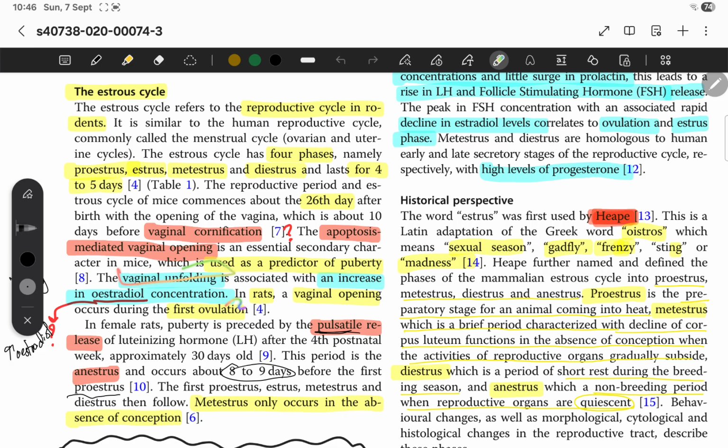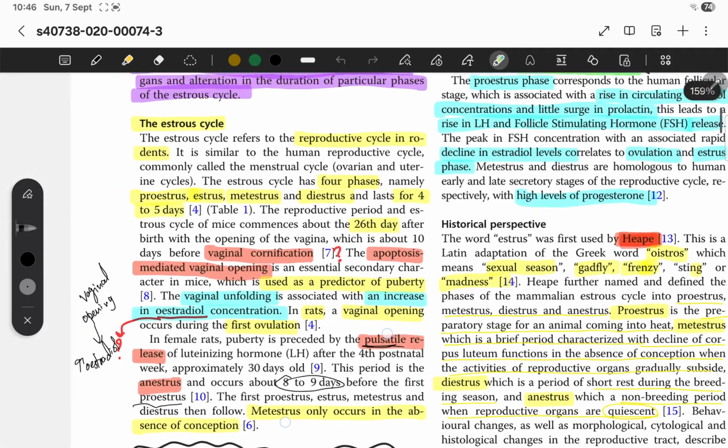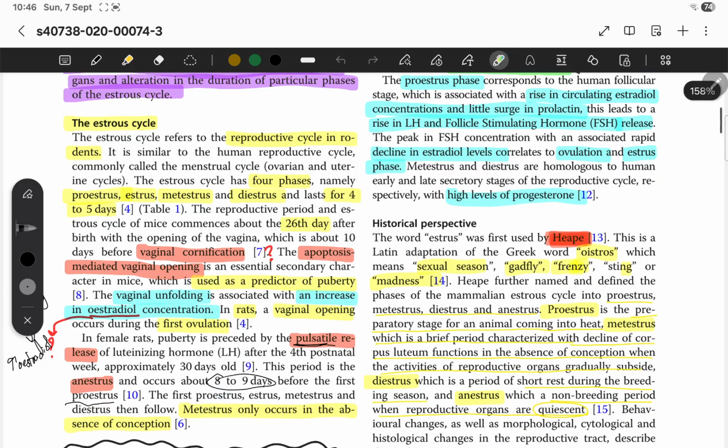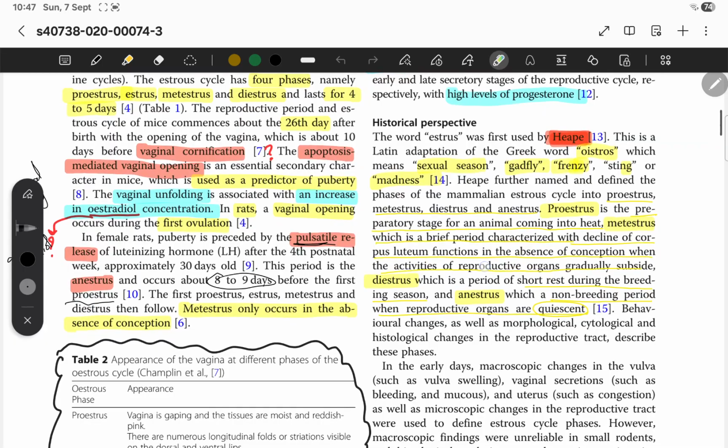The vaginal opening is associated with an increase in estradiol concentration. In rats, vaginal opening occurs during the first ovulation.